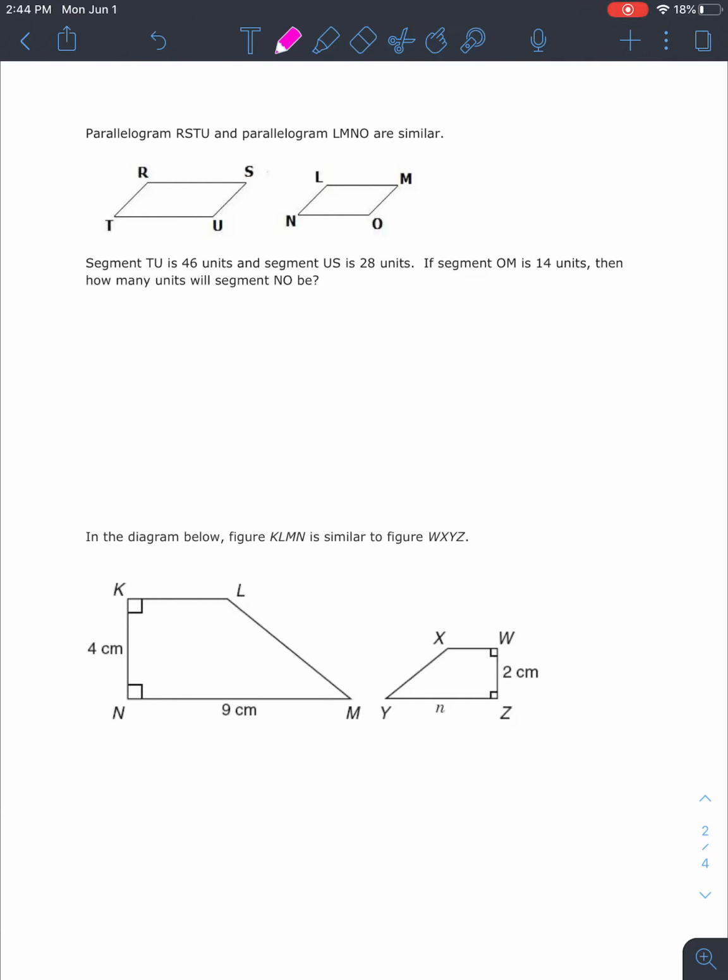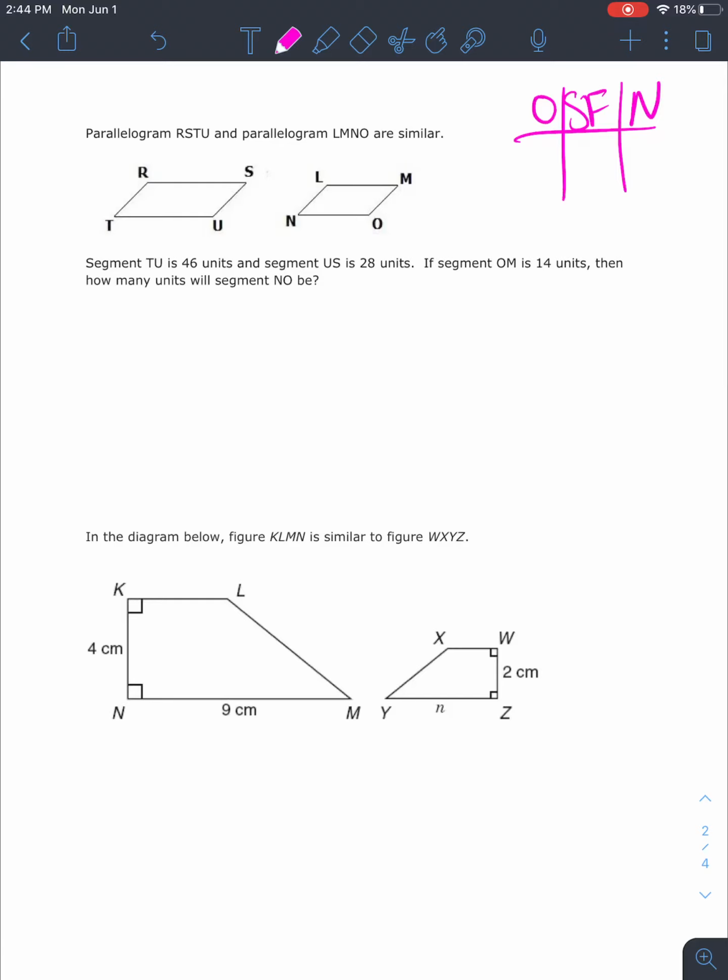Okay, so we're going to use the same process of our old, scale factor, new table to also solve for missing sides with similar figures.